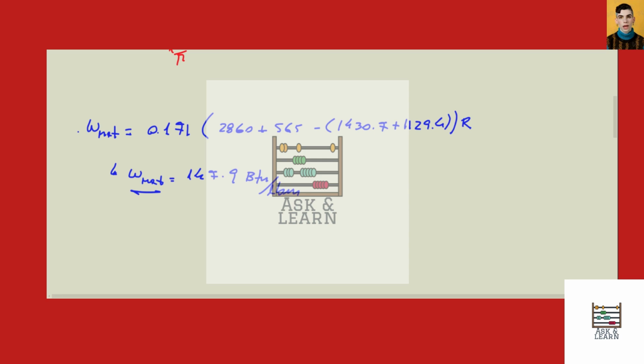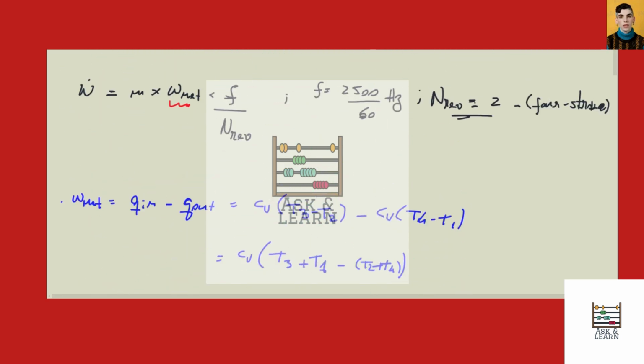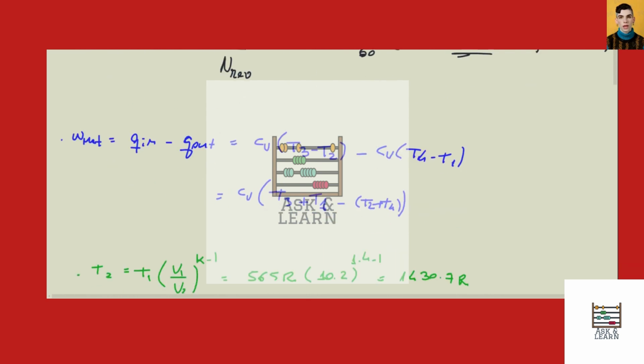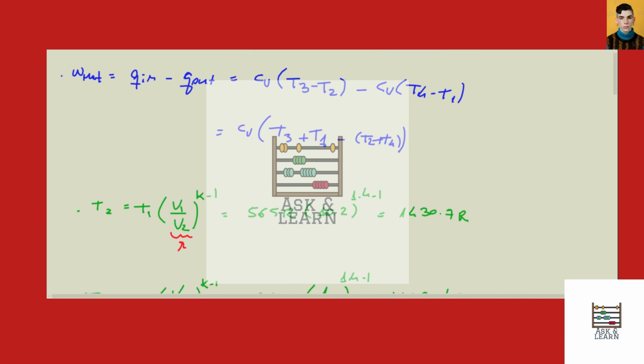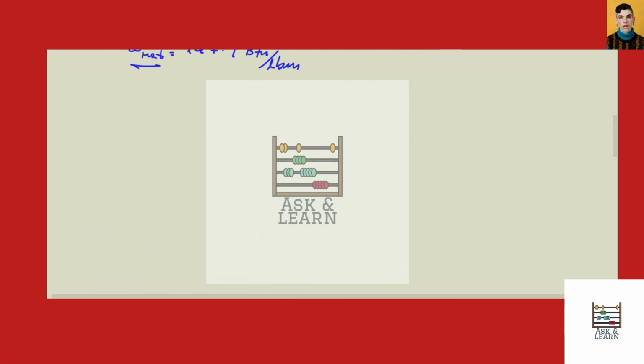Now we still have one problem, which is to discover the mass of the gas, and the total mass taken by all the 6 cylinders, because we have a 4-stroke engine with 6 cylinders. Therefore, the total mass, let's call this m, taken by all 6 cylinders is going to be the number of cylinders that multiplies delta V, the average volume, divided by V1.